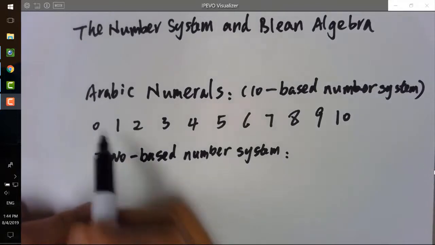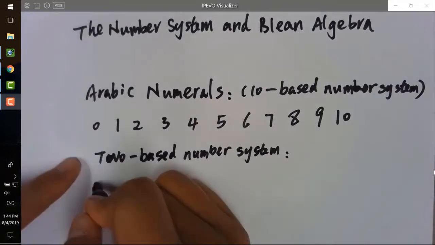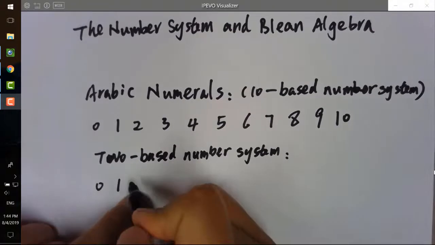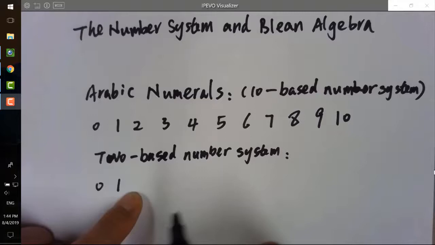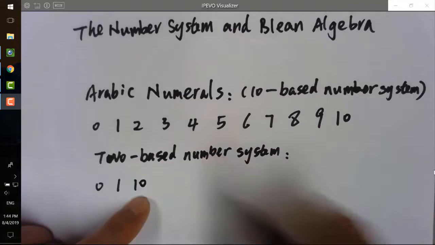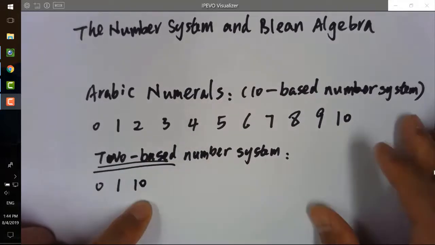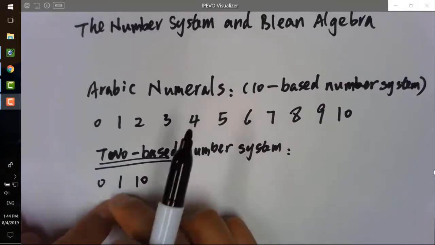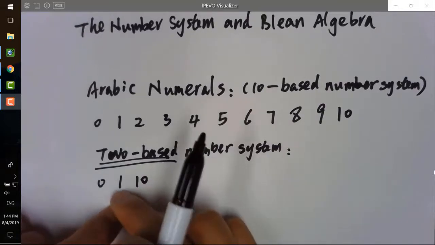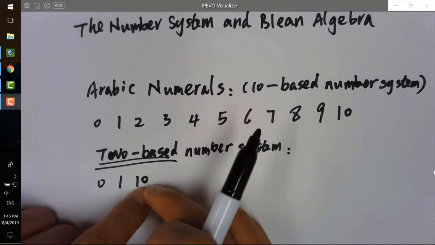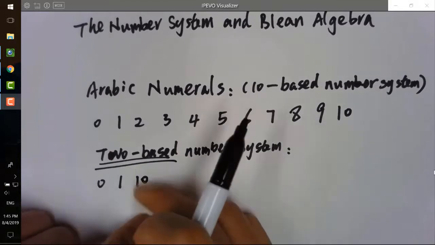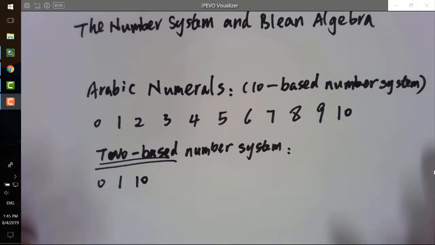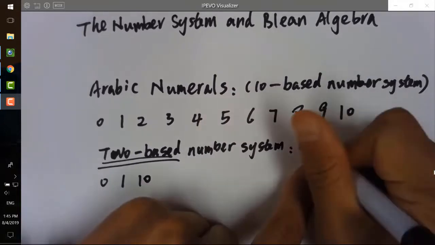So the 2-based system will have 0, 1, and we'll never get 2 here. So 2 is going to be 1, 0 in the 2-based number system. The reason is we count until 1 and then we add 1 to the single digit and get a carry, then we reset the first digit back to 0. This is called the binary number system.